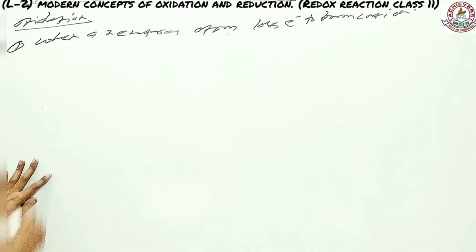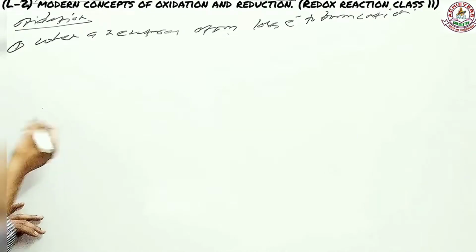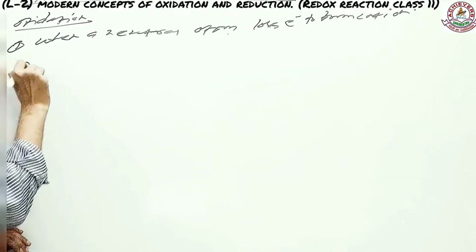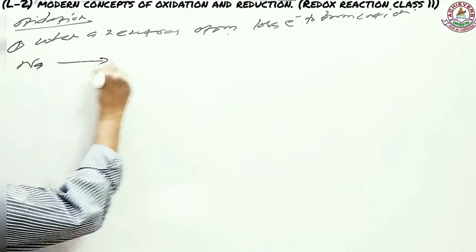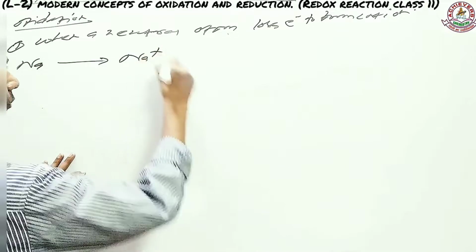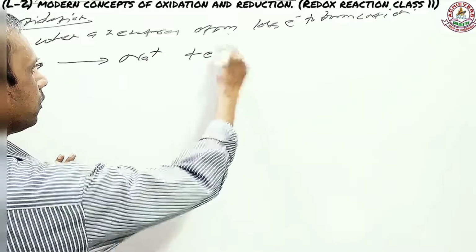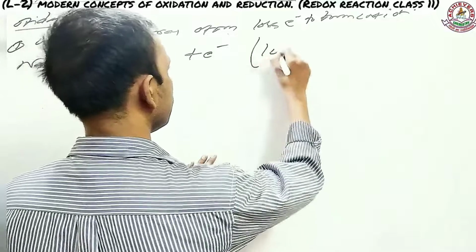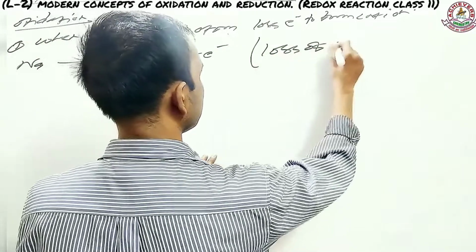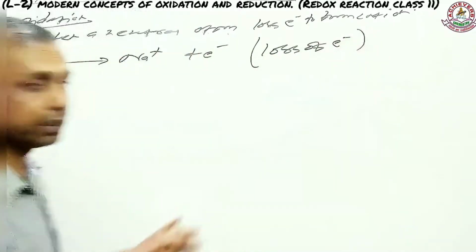Take the example here. Suppose any metal you can consider, like loss of electron by sodium will result in formation of a sodium ion. An electron is released. So what is happening here? Loss of electron.